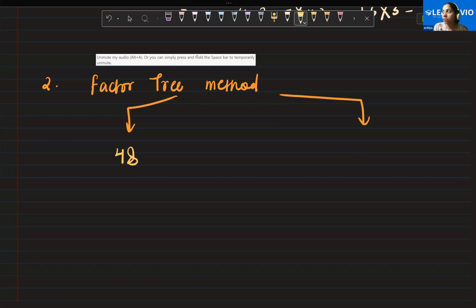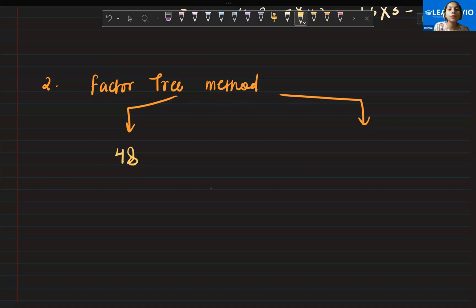All right. So we were on 48. So now we will be using the factor tree method. I was saying, do you remember how to find out the factor pairs? Do you know what a factor pair is? Okay, wait. You do know how to do it, but I haven't used the term factor pair before, so you might be confused.